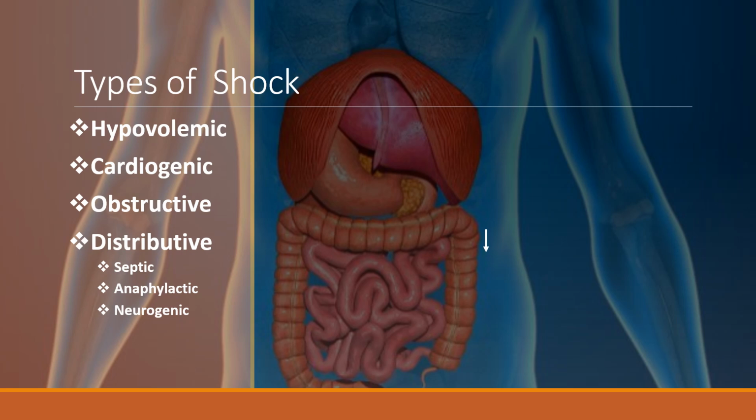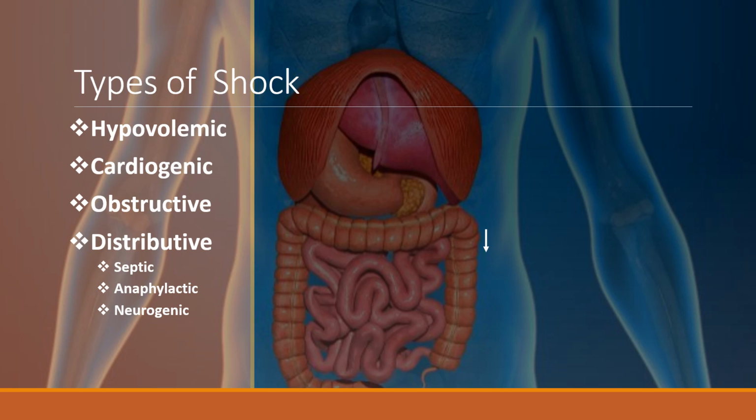With obstructive shock, causes include cardiac function being decreased by a non-cardiac factor. For example, maybe we have cardiac tamponade, where the heart function is being impaired because the pericardium is filled with fluid.